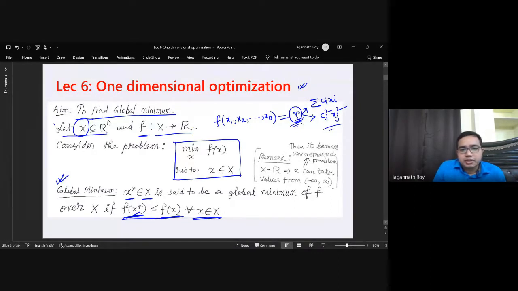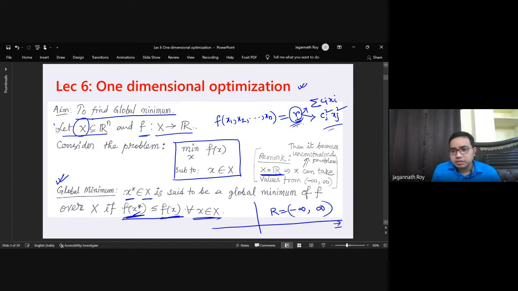Now, if we put X equal to R, that is, the resource is unlimited, because R is minus infinity to infinity, the real number set. So this problem becomes unconstrained. Why constrained and unconstrained are important, we will see soon.